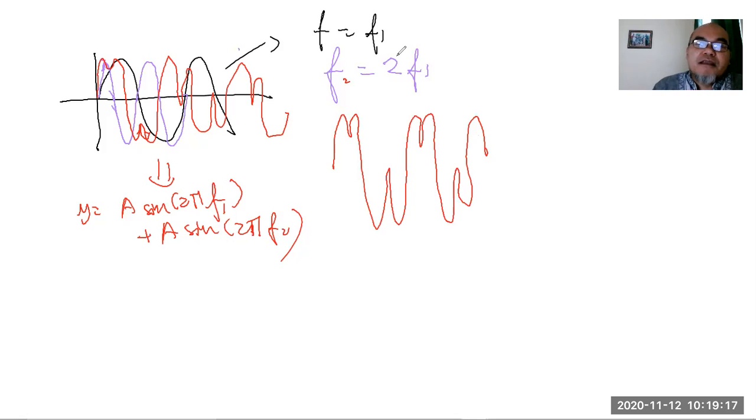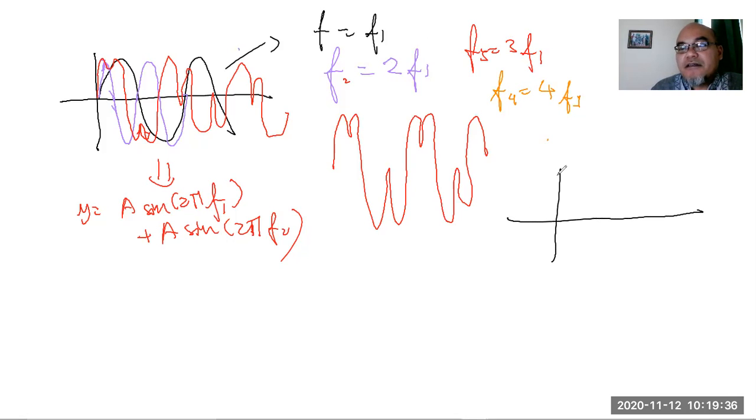When the frequency is a multiple of a base frequency, for example, we can have f3 equals 3f1 and f4 equals 4f1. When we draw the signal, we have the summation of all these frequencies, and this is what we call harmonics of the base frequency.